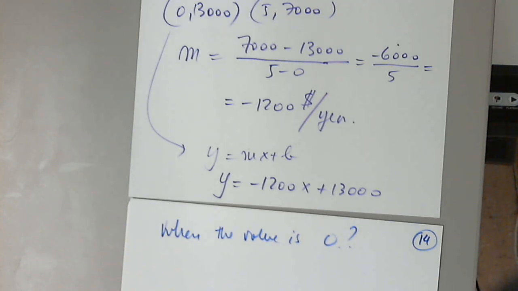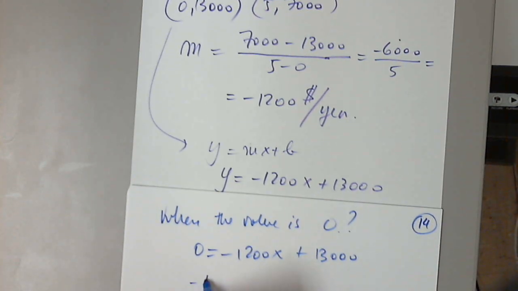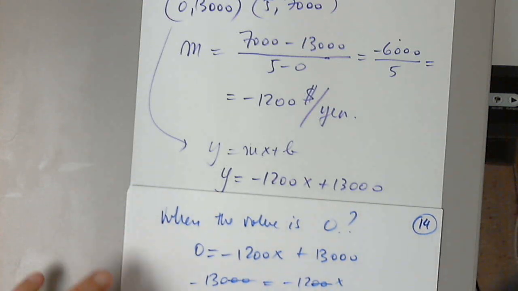So then 0 equals negative 1,200x plus 13,000, and negative 13,000 equals negative 1,200x. So then x equals 130 over 12.